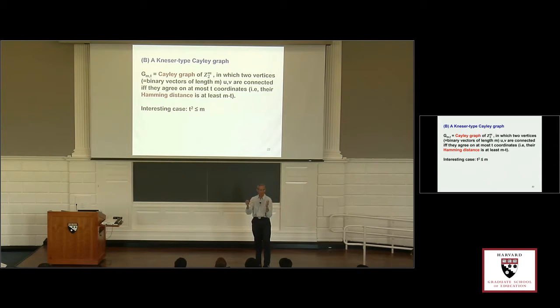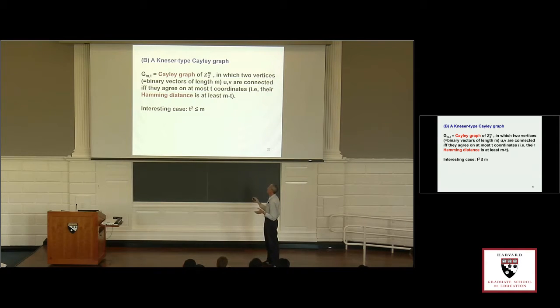I want to look at the case where t is not big as a function of m. And there is some reason to insist that t squared is at most m, because then for this range, the so-called fractional chromatic number is constant. Namely, the reason that the chromatic number is big for such graphs is deeper. It doesn't follow from the independence number.